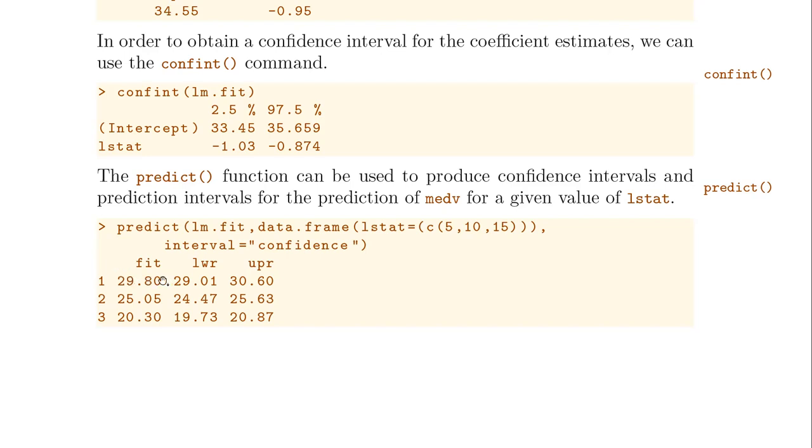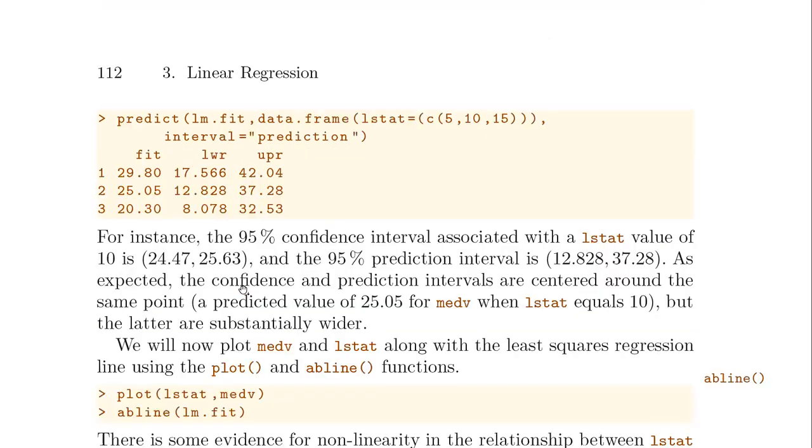I think this is following the model without allowing for any interval. And this would be like maybe a lower bound and upper bound, some kind of confidence interval.